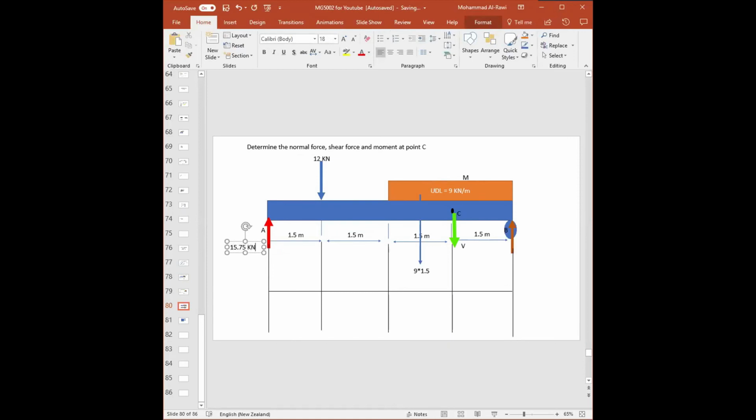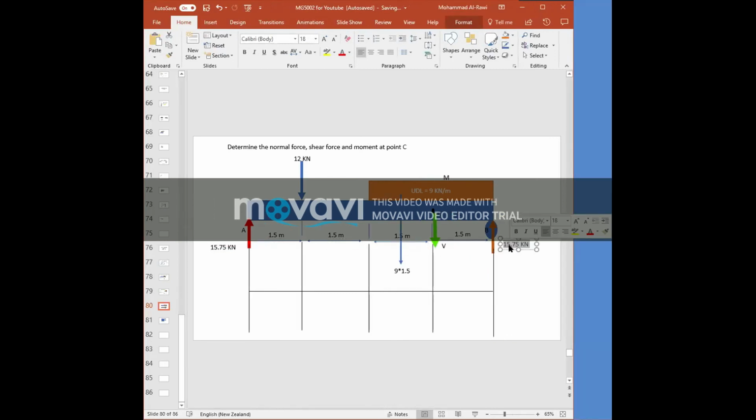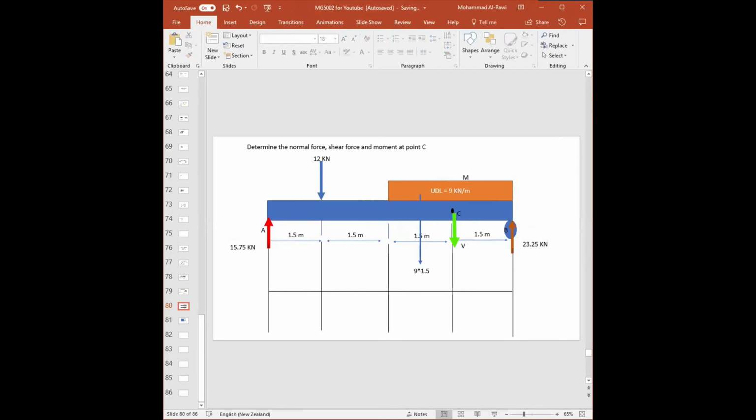And if you can remind me about the value for force B, it was 23.25 kilonewtons, and the directions, both of them going upwards. Thanks a lot for reminding me, guys. That's one of the helpful things.